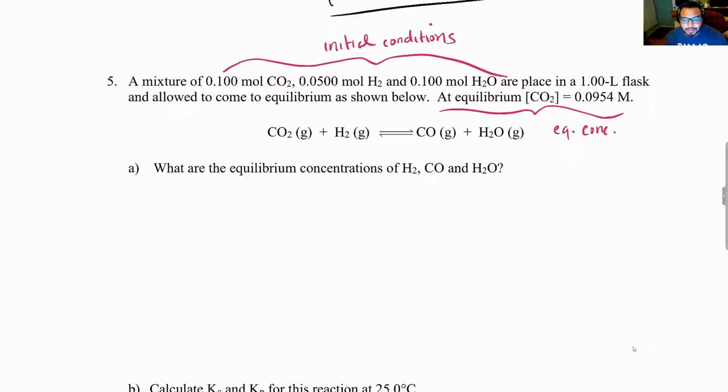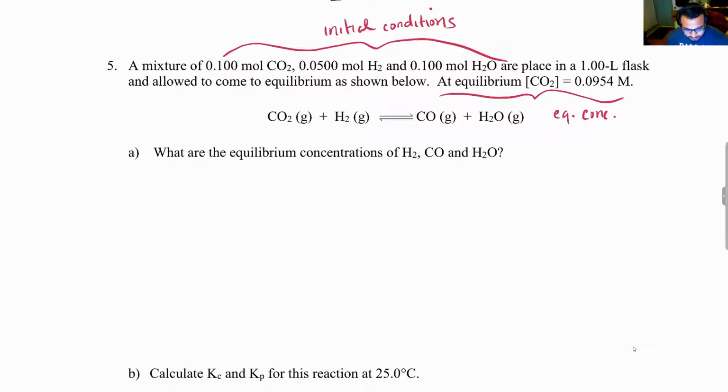So now let's try to organize our thoughts to get to that. As mentioned in a previous video, the way that we do that is by writing an ICE table, the initial leading all the way to the equilibrium. So let's construct that, and that will allow us to solve for our equilibrium concentrations. So I'm going to write out the equation again: CO2 gas plus H2 gas yields CO plus H2O.